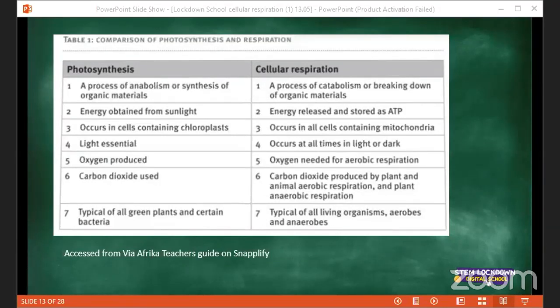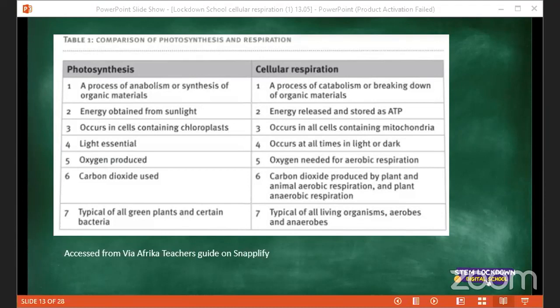Third point, it occurs in all cells containing mitochondria. The fourth point is that it occurs at all times, in light or dark, right? The fifth thing is that oxygen is needed for aerobic respiration. The sixth comparison is that carbon dioxide is produced by plants and animals, which is where aerobic respiration occurs, and in plants it can be anaerobic respiration.